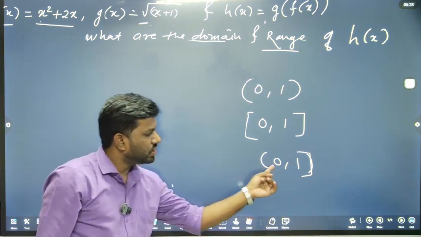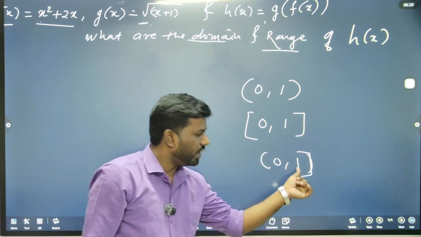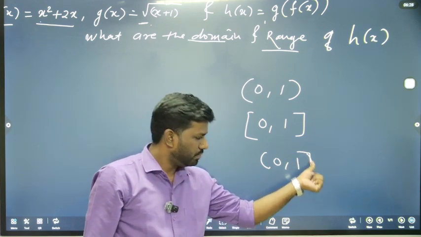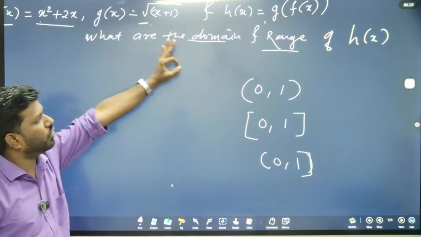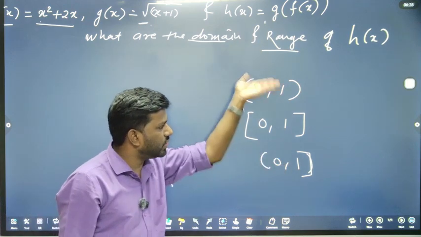So यहाँ पे 0 is not included but 1 is included because of the function of brackets. So I've clearly explained the meaning of domain, range and the functions of brackets.